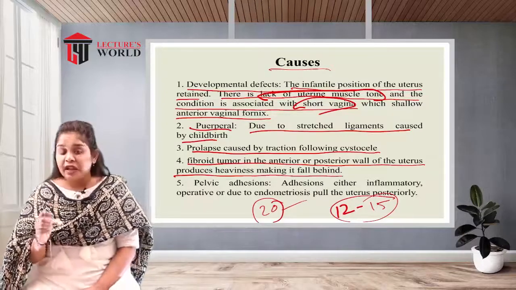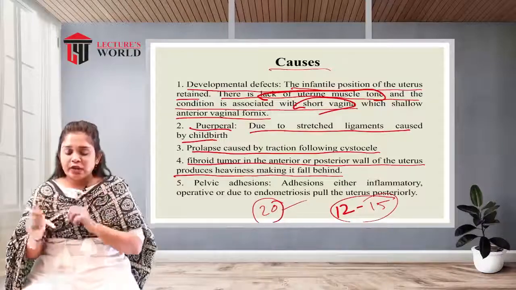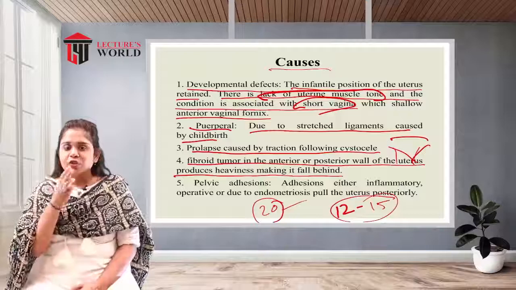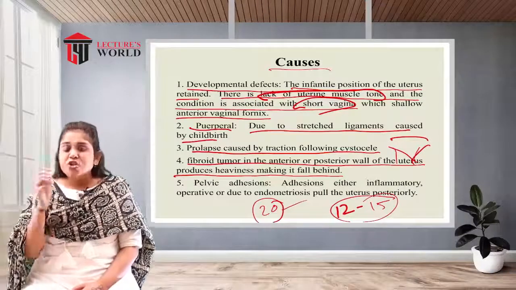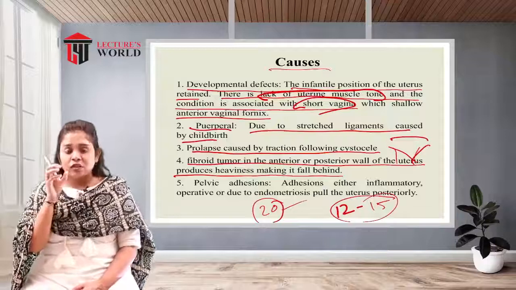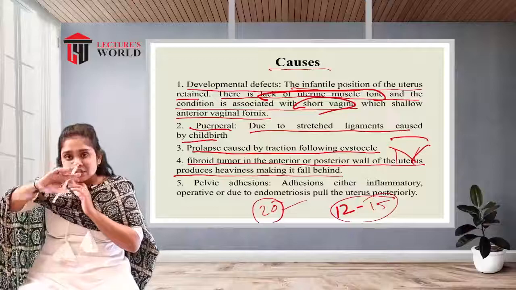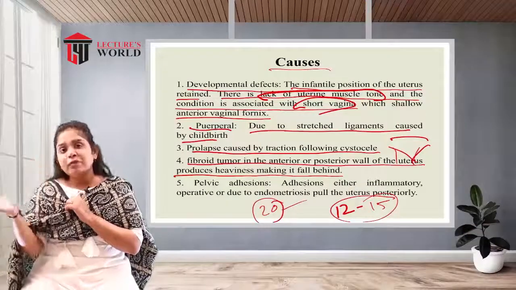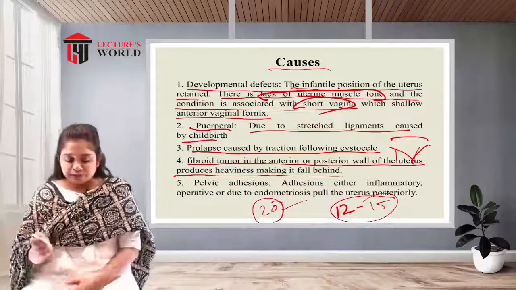So when the uterus has a fibroid, remember the uterus has three layers: myometrium, endometrium and perimetrium, right? Any of them can have the fibrosis. Heaviness will be there, and due to that the uterus will lean backward and fall behind.